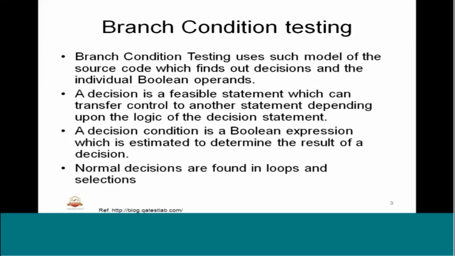Condition coverage will include also the branch condition. So don't get confused with the branch or decision conditions. Here the conditional coverage in terms of the Boolean operands and the expressions part of the decisions will be tested.